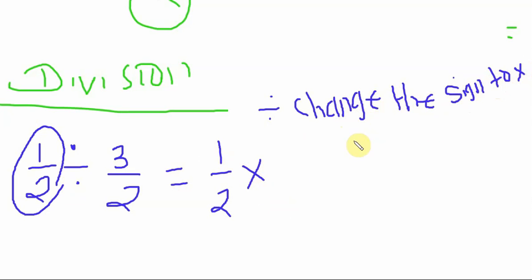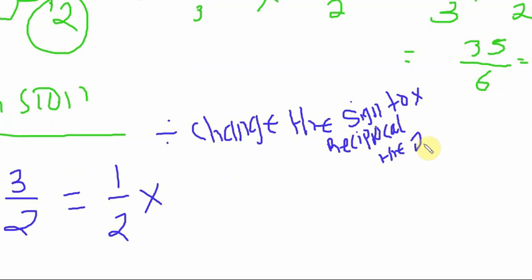Once the sign is changed to multiplication, you take the reciprocal of the second fraction.